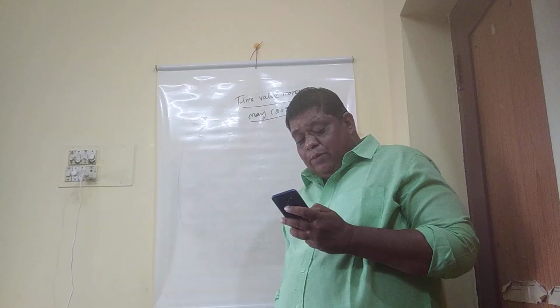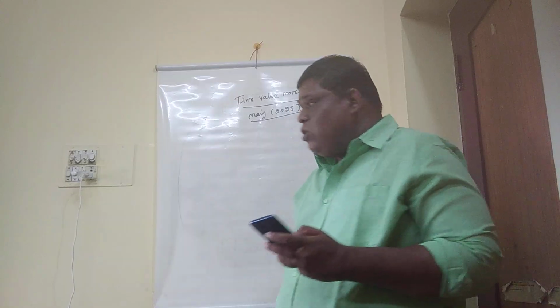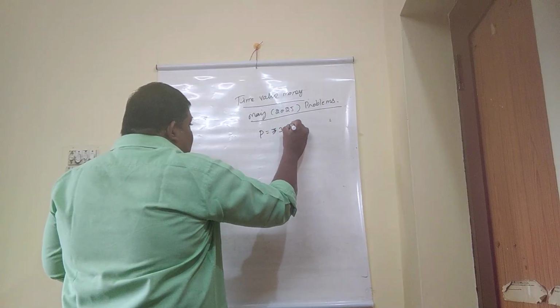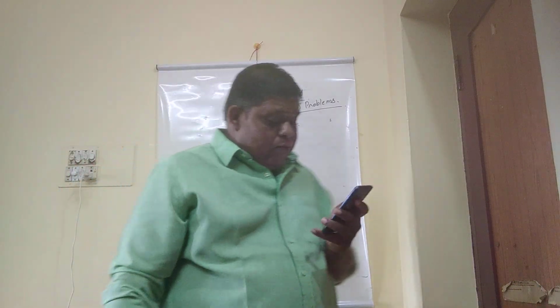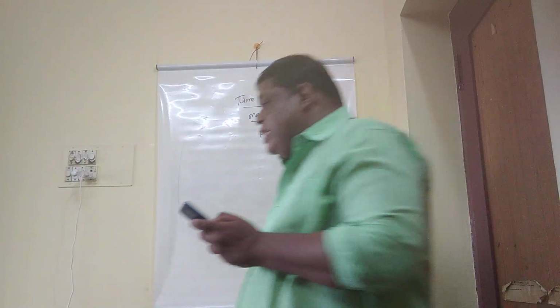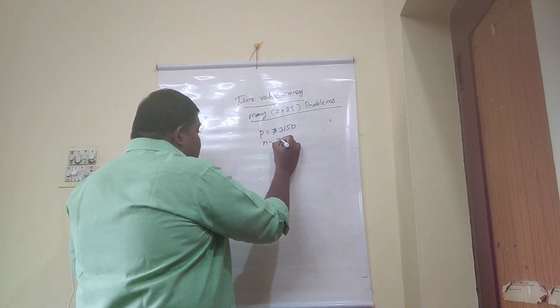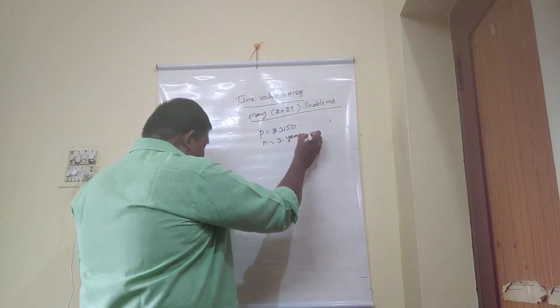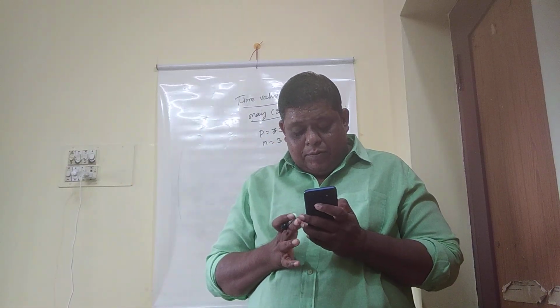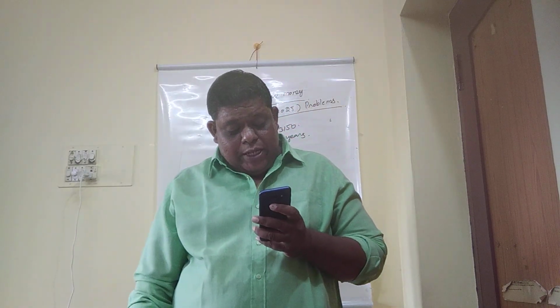Raju will pay installments of rupees 3150, that is P is equal to 3150 per month, for the next 3 years. So n is equal to 3 years.